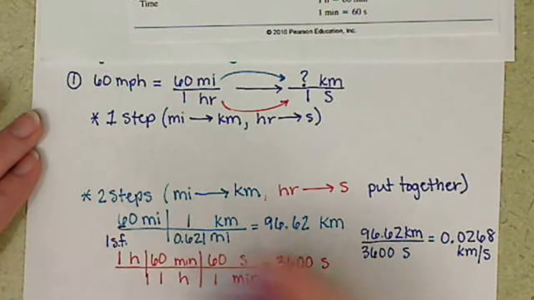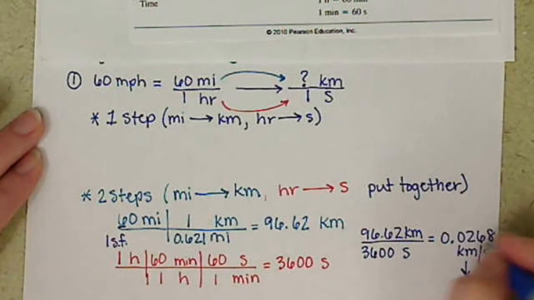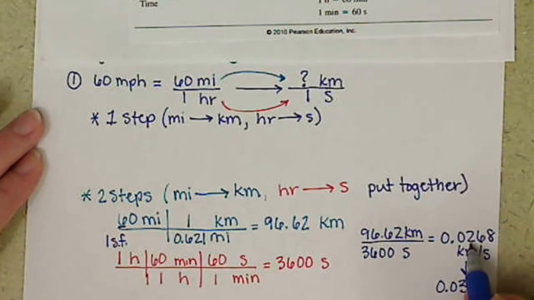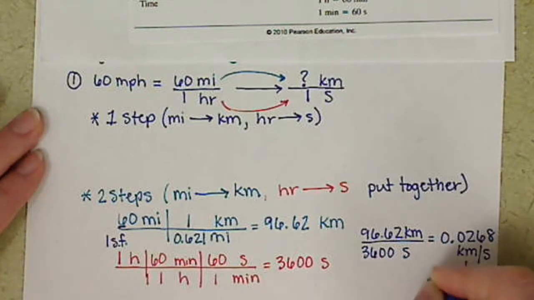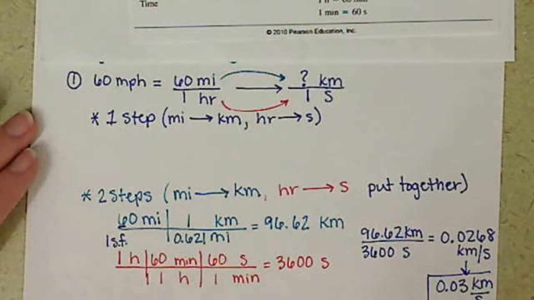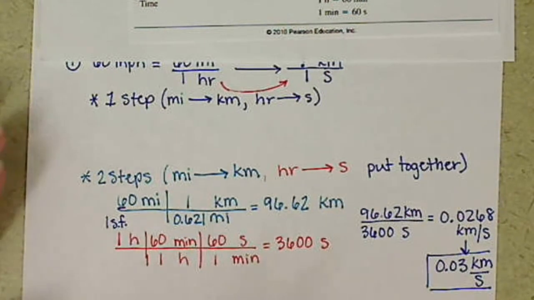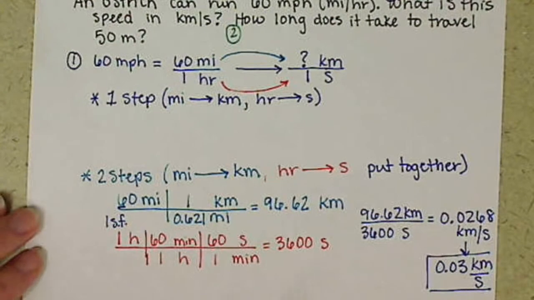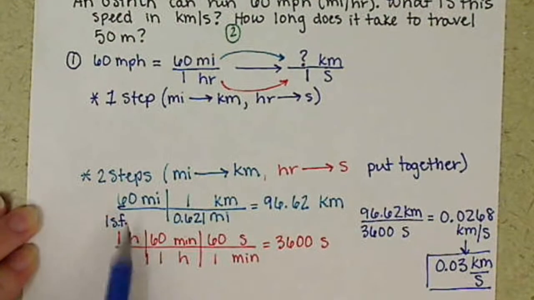That 6 is significant. So I want to rewrite this as 0.03. I had to round up my 2 because there was a 6 to the right of it. We have kilometers per second. All right, so that's the two-step way.